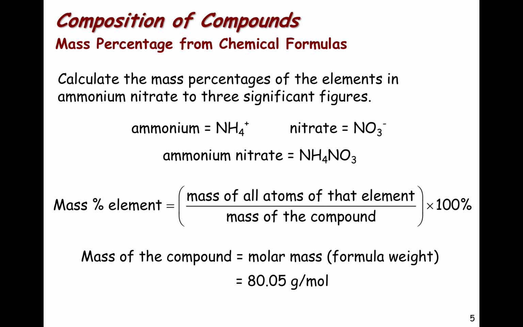So, in this particular case, the total molar mass, the sum of all of the atoms in the formula, getting the average atomic masses from the periodic table, adding those all together gives 80.05 grams per mole.